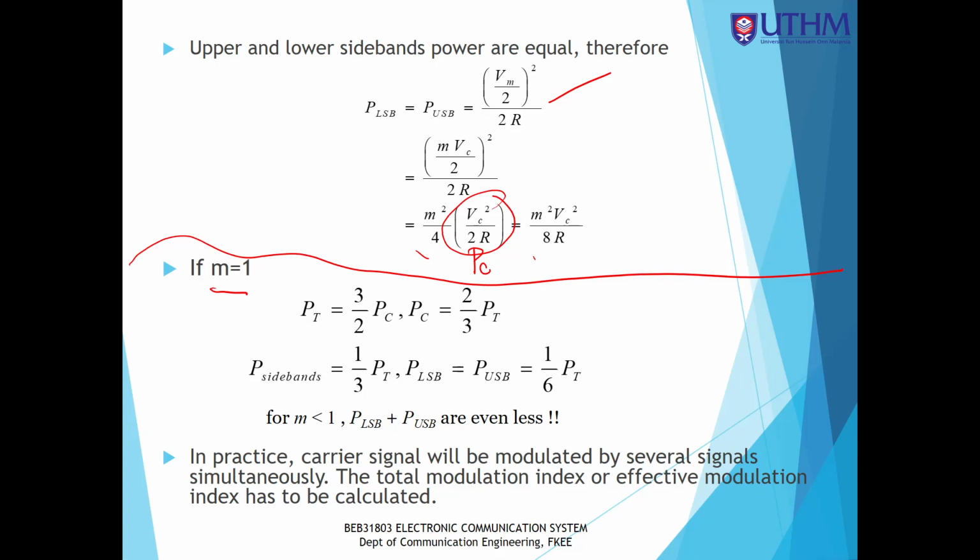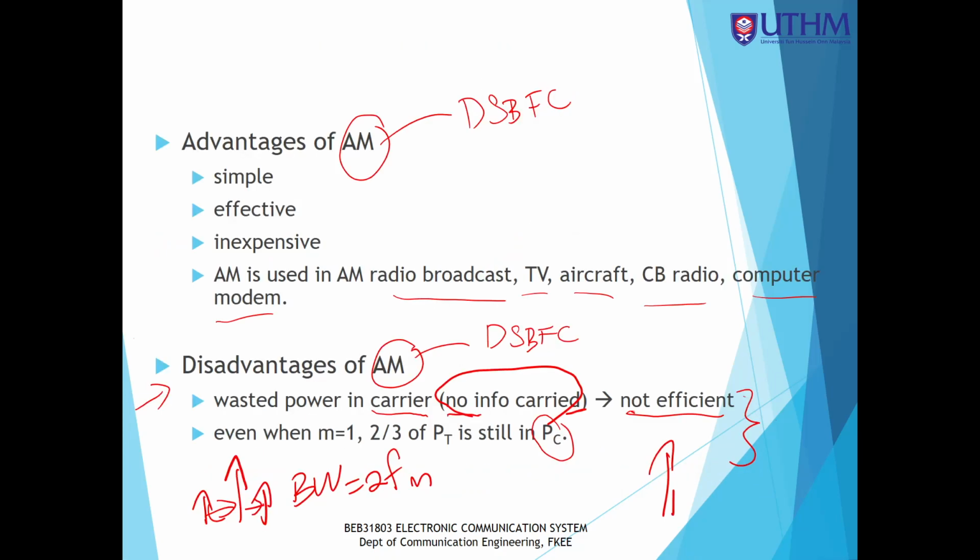Both the upper sideband and lower sideband carry the same info, as if we transmit twice. So double sideband full carrier, in terms of bandwidth also, is not efficient because it requires 2 FM, twice the message frequency.